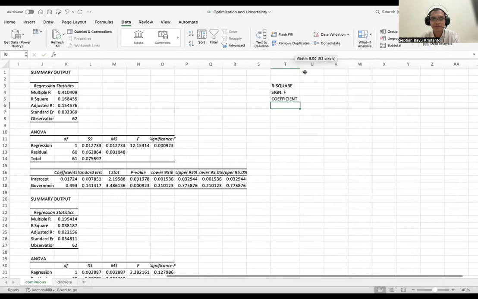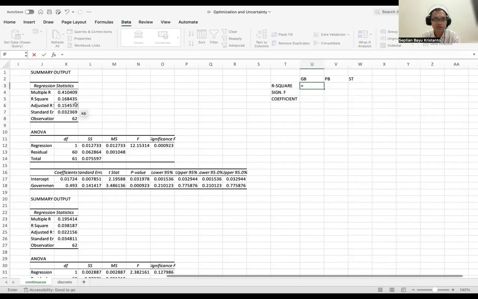Okay. We have the three options: government bonds, private bonds, and stock. The R square of government bonds is here, the significance is here, and the coefficient is this one.